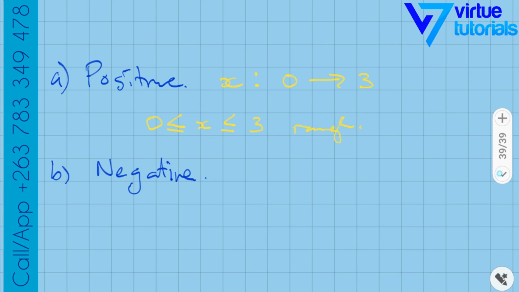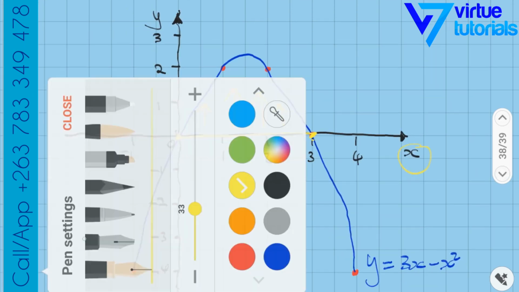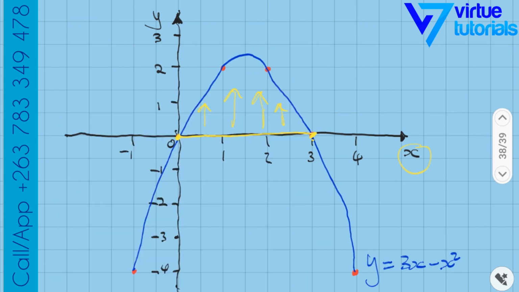Okay? For negative now, we know that this function is going to be negative for all values of x that are less than 0. All values that are less than 0, minus 1, minus 2, minus 3, this function is sinking down. This function is also going to be negative for all values of x that are more than 3. As you can see, it's going down.